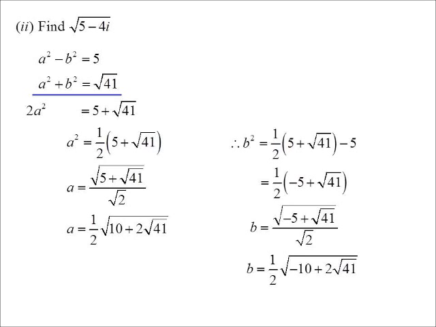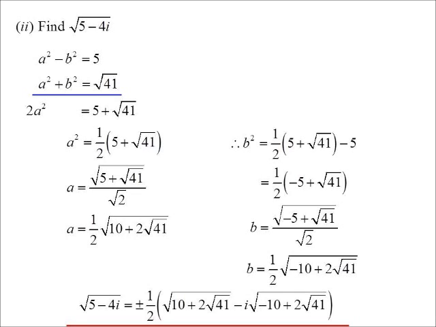And then I could work out b squared by doing simultaneous equations again, or substitute in, which way you prefer. And I get b as a half of the square root of negative 10 plus 2 root 41. Now the imaginary part was negative, so they'll have different signs. There's my answer.